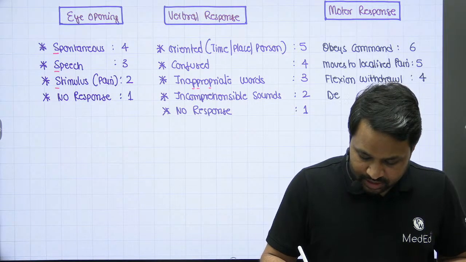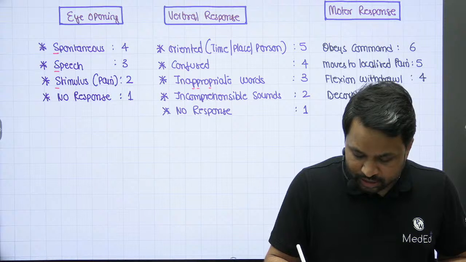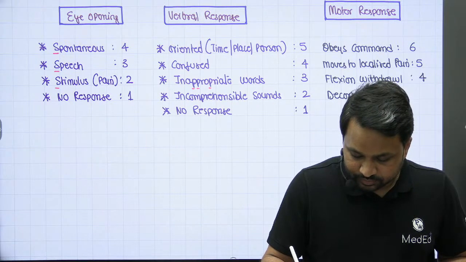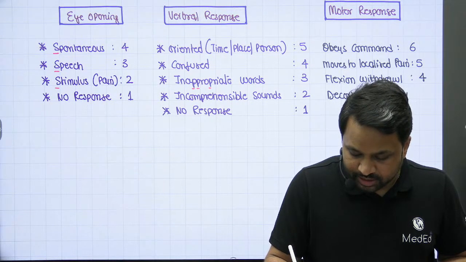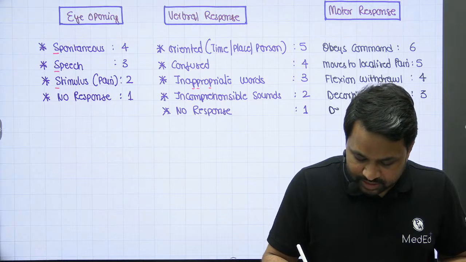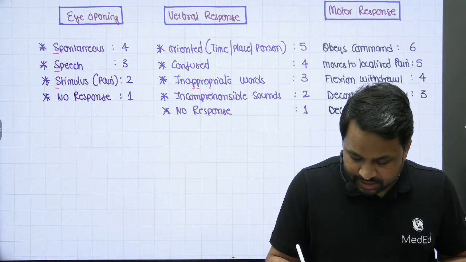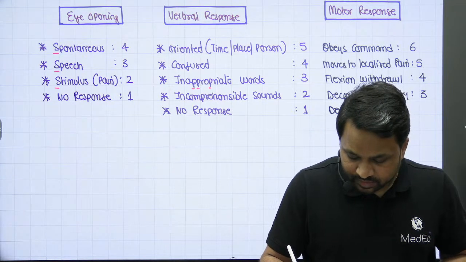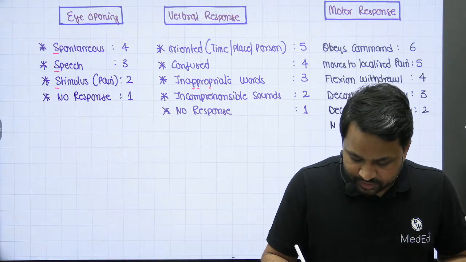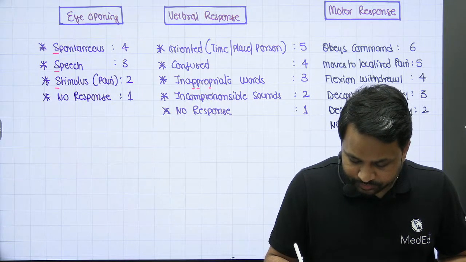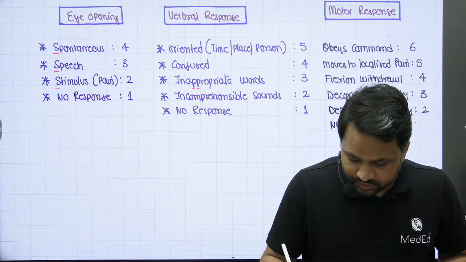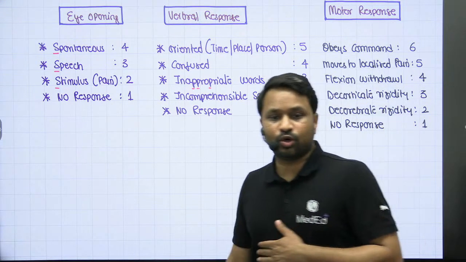If there is a decorticate rigidity, a score of 3. If there is a decerebrate rigidity, a score of 2. And if there is no response, a score of 1 is given.